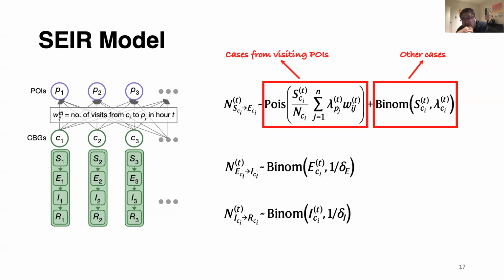And the number of new exposures among all outgoing visitors from CBG C i is therefore distributed as the sum of the expression over all the POIs. So that's basically how they leverage the mobility network in the SEIR model.